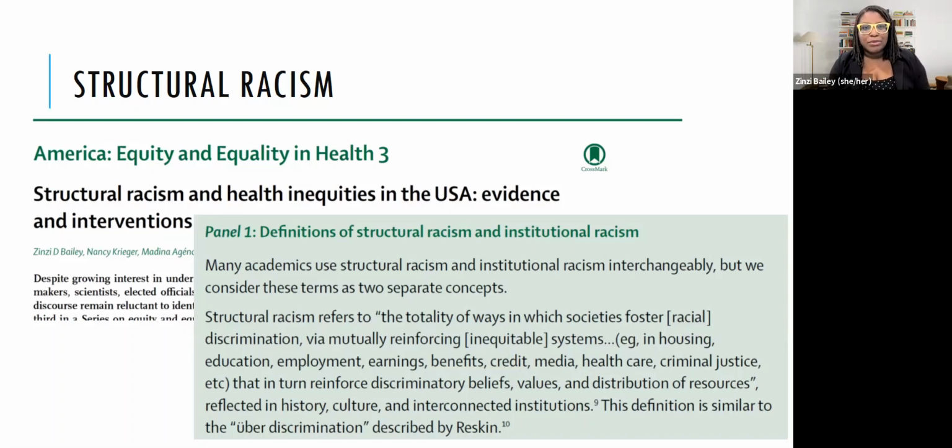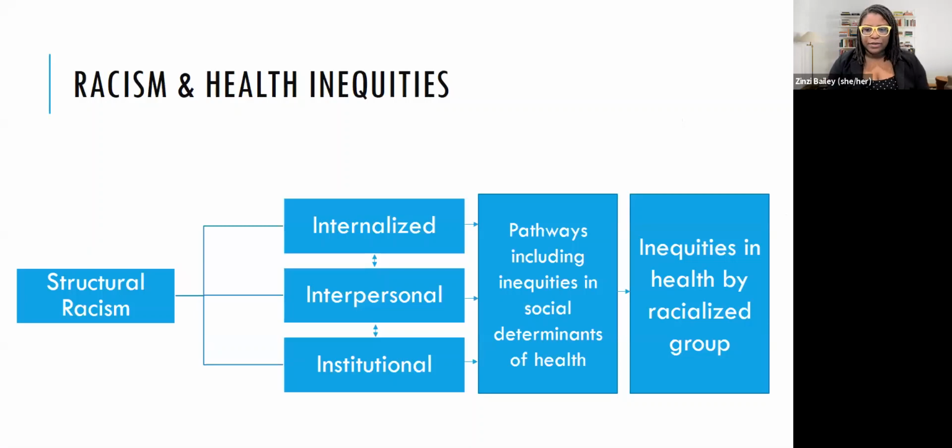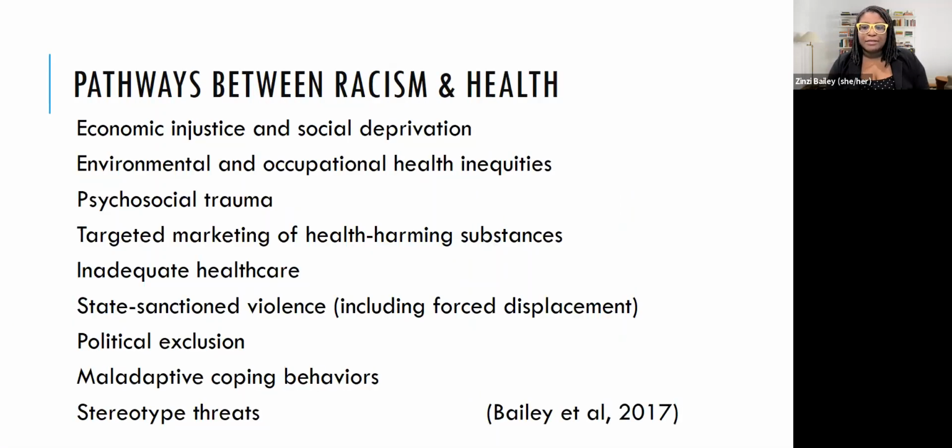This is very much a comprehensive system and process of discrimination rather than isolated or even clustered events. In this simple graphic, we can see that structural racism drives other forms of racism and creates pathways to health inequities, including through inequities in social determinants of health. These pathways include economic injustice and social deprivation, environmental and occupational exposures, inadequate healthcare, state violence, political exclusion, etc.